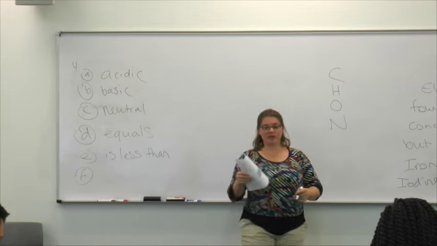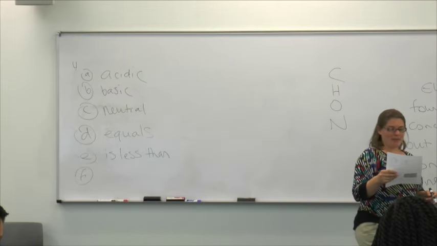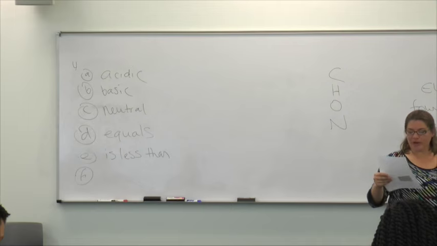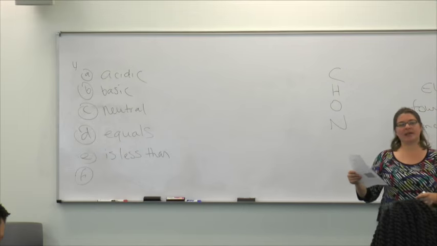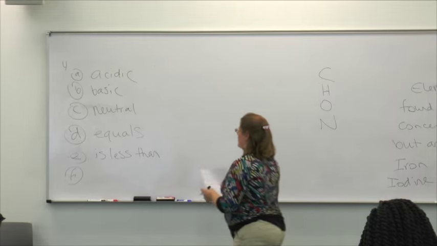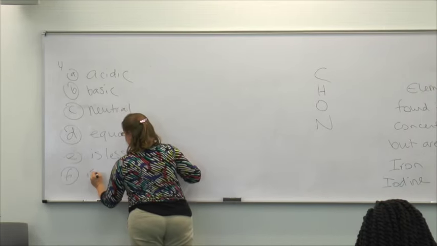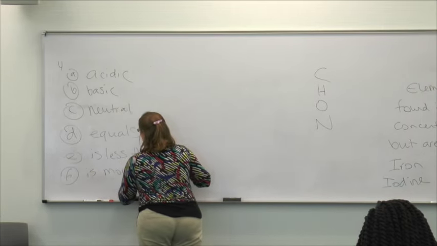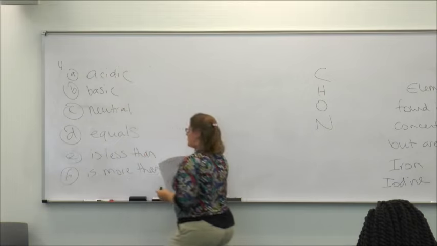Okay? So with letter F, how would we read that? In a basic solution, the number of hydroxide ions is more than, is greater than the number of hydrogen ions. Okay?